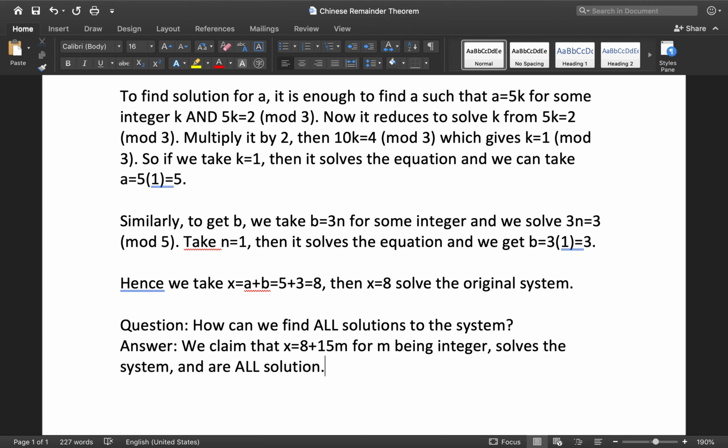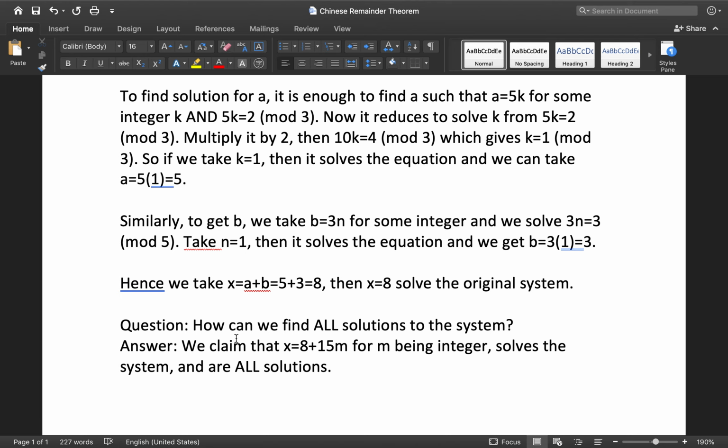Actually we have two things to check. First, we need to check whether this so-called solution, x equal to 8 plus 15m, solves the original system. You can just plug in and check. It must solve the system, and that's not difficult to see by direct checking.